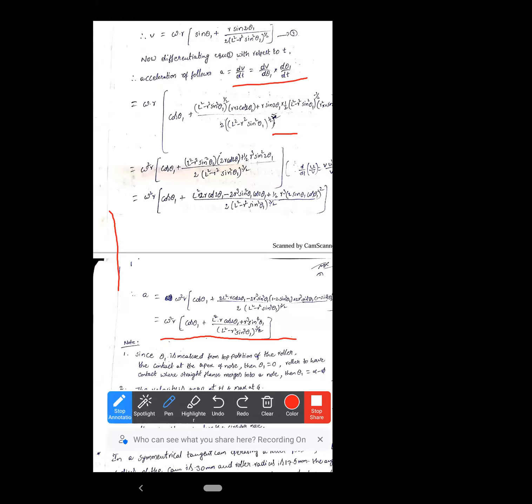In this, they may also ask about some cases from the acceleration point of view. Since theta 1 is measured from the top position of the roller, at the contact at the apex of the nose theta 1 equals 0. The roller has contact where the straight flank merges into a nose, then theta 1 equals alpha minus 5.